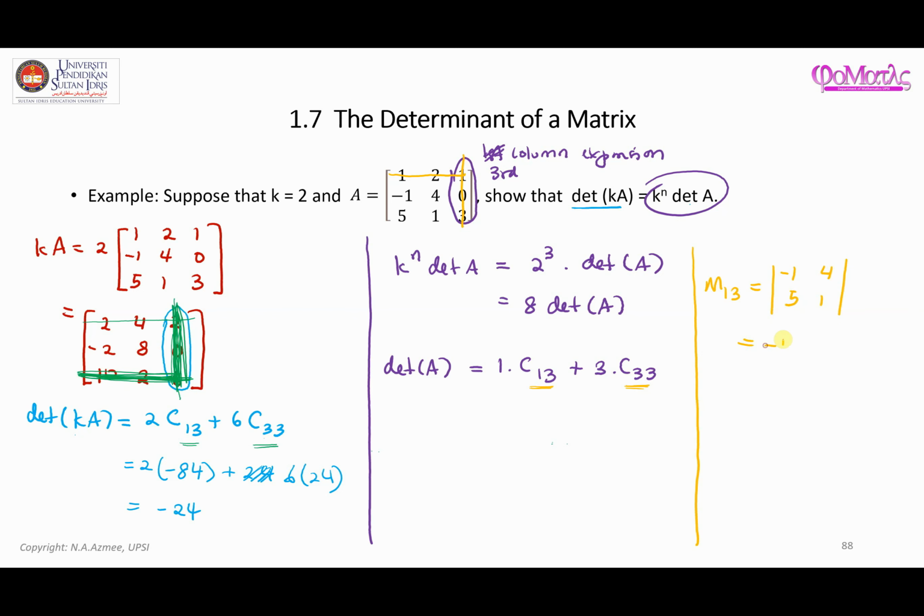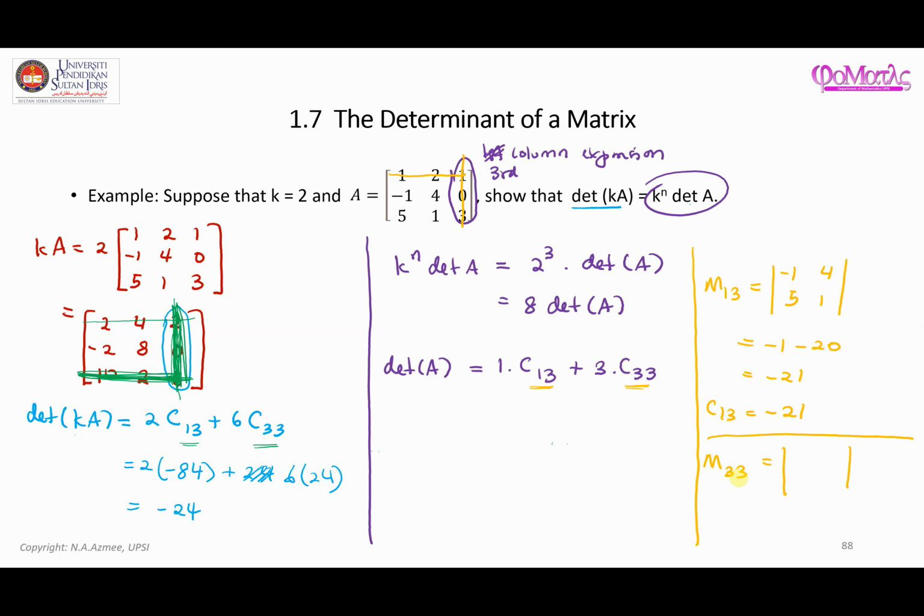And this is just negative 1 minus 20, which is negative 21. Therefore, for C13, 1 plus 3 is 4, which is an even number, so the sign is positive. Positive negative 21 is negative 21. So that is C13.